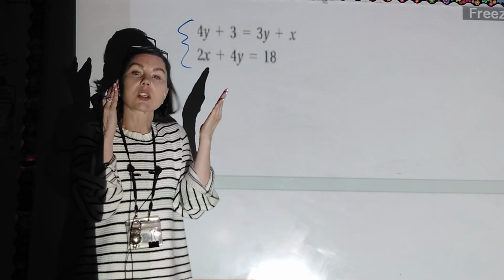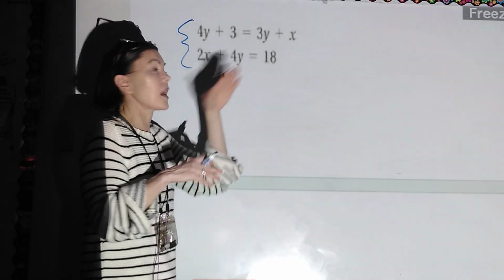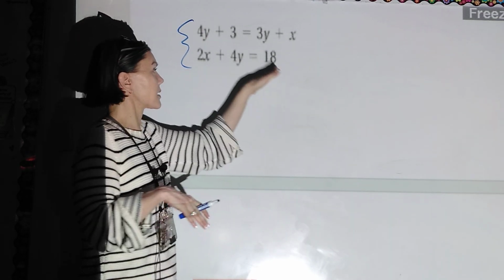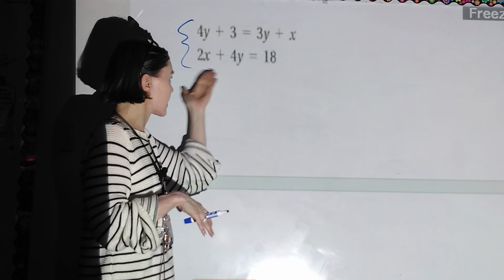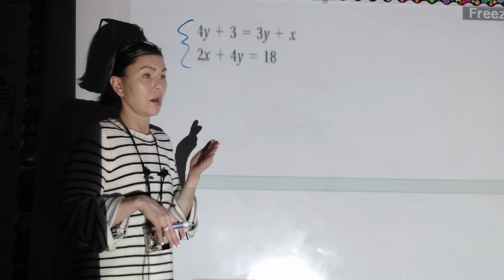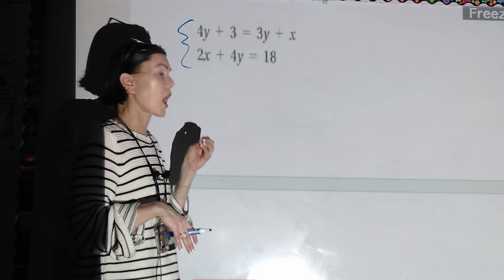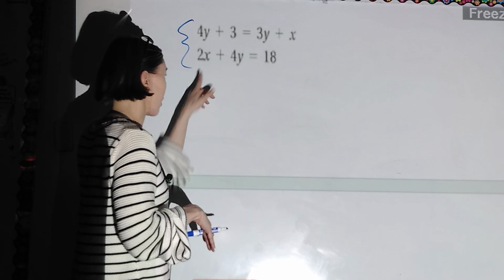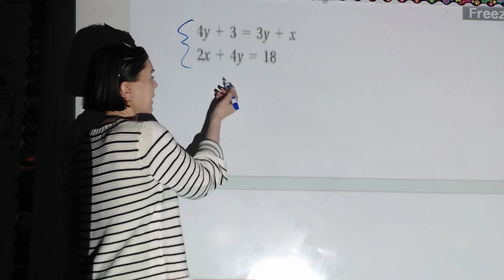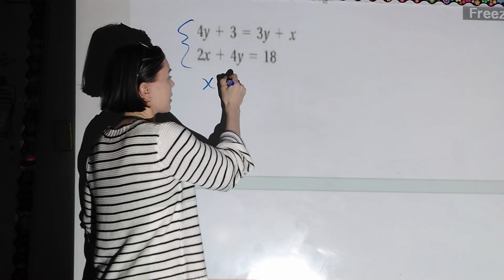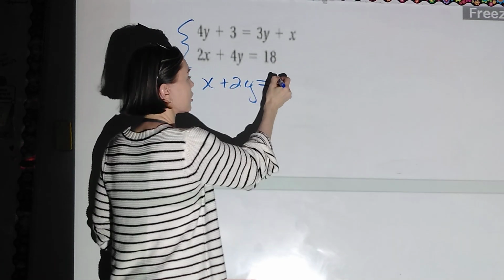Just to show you a little trick, if you can see that the coefficients in an equation are all multiples of something, you can easily simplify that equation by dividing each coefficient by the common multiple that they possess. So all 3 of these terms are divisible by 2. So 2 divided by 2 is 1, 4 divided by 2 is 2y, and 18 divided by 2 is 9.